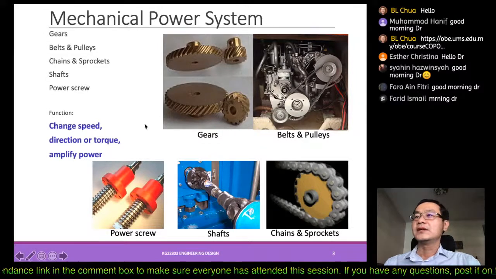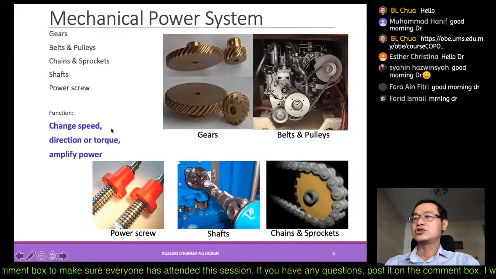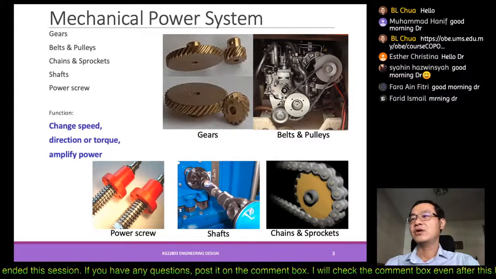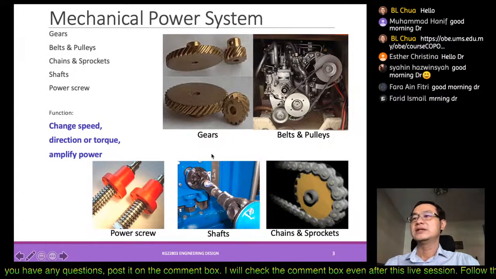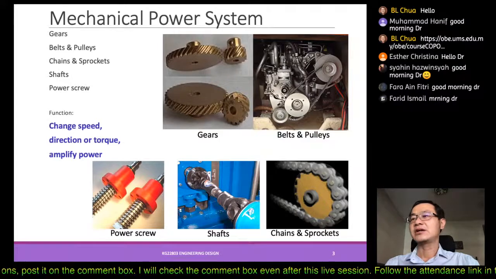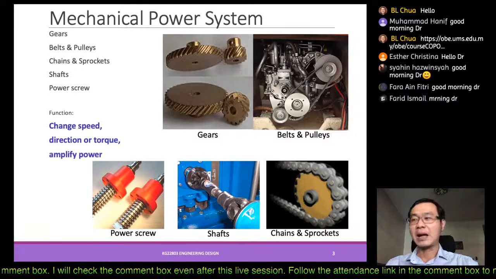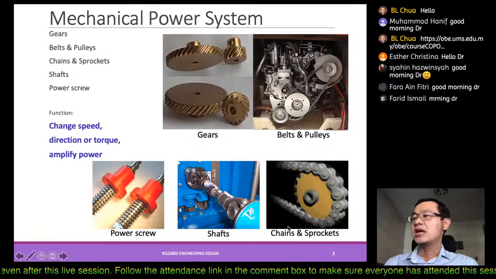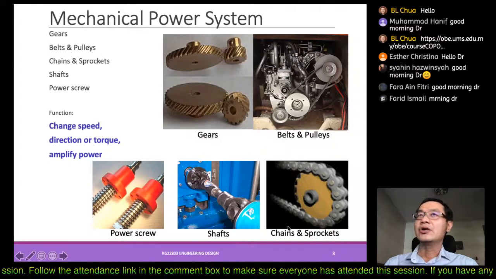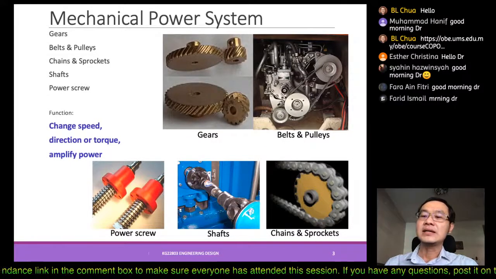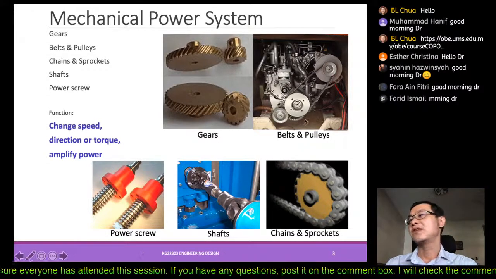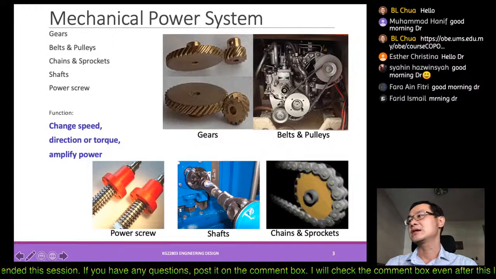The functions, again, could be to change speed, to change directions, or to amplify the power. This belt and chain, we combine them together and call them a flexible drive, because it is flexible, you can adjust the locations.